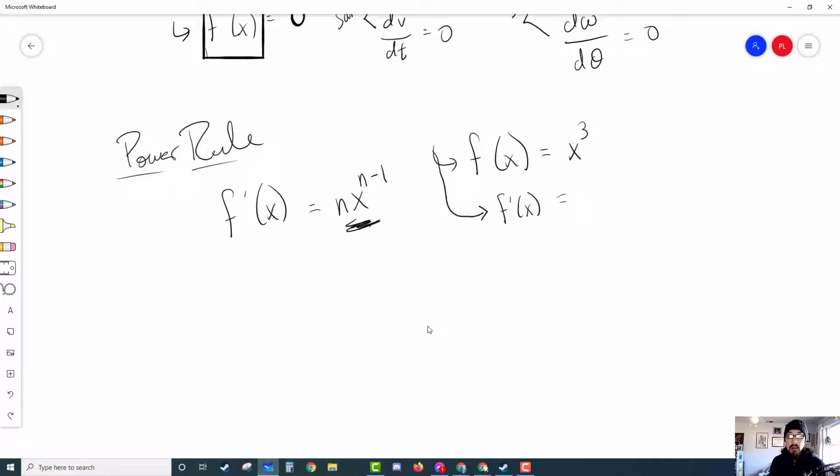So this n is my exponent, and here's my independent variable. I'm going to pull this n to the front. So we get 3, this is x, so we're not going to mess around with that, but we have n minus 1. So n is 3 minus 1. So what we end up with is 3x squared. That's my derivative.